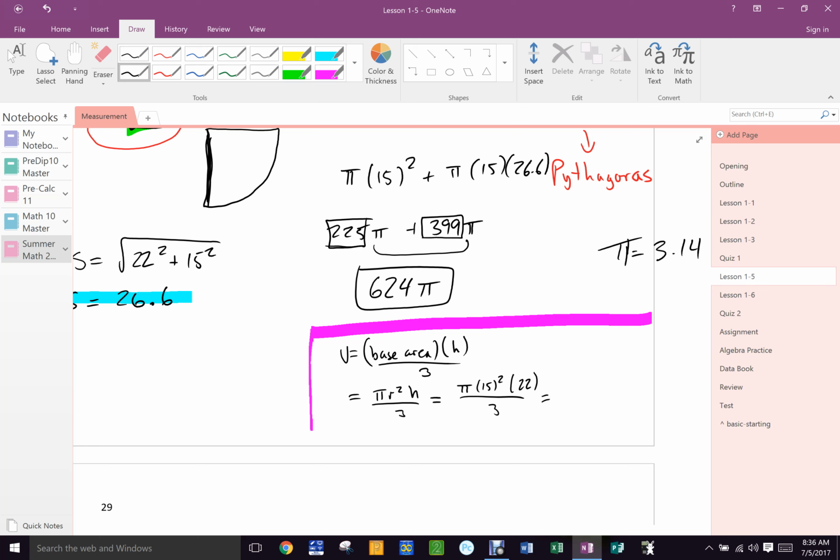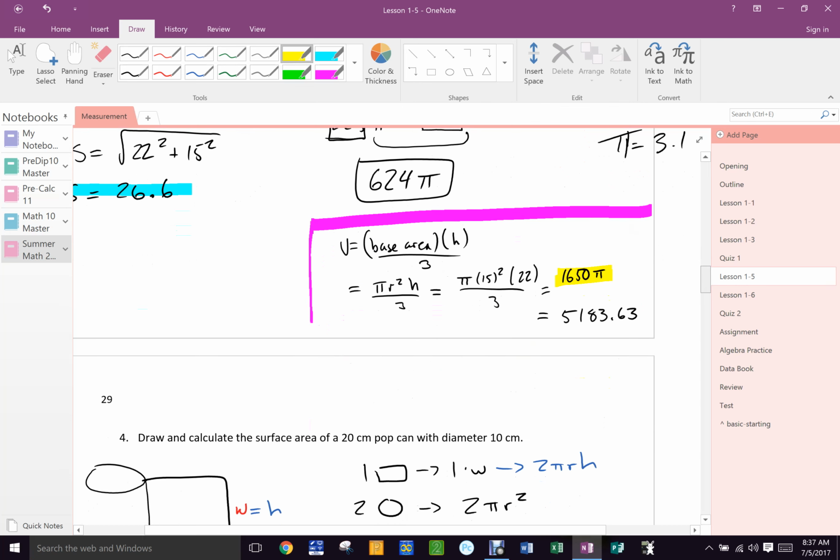And depending on how your calculator works, you could have 1650 pi, or you have what? 6.3. Do I care which one you show me? No. I couldn't care less. Some people are happier with this, but I will warn you again, the further you go in math class, the more often you're going to end up leaving the answer as pi. Everybody cool?